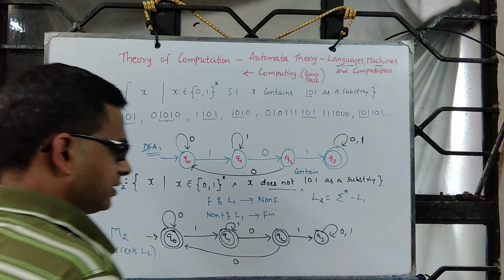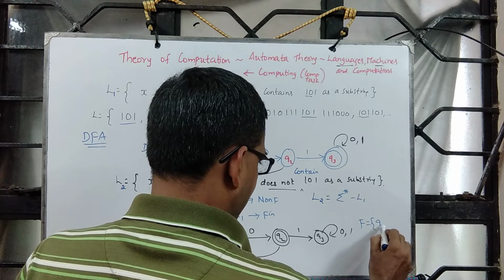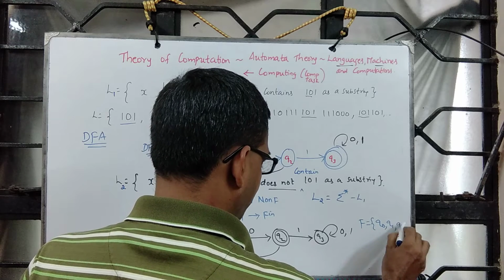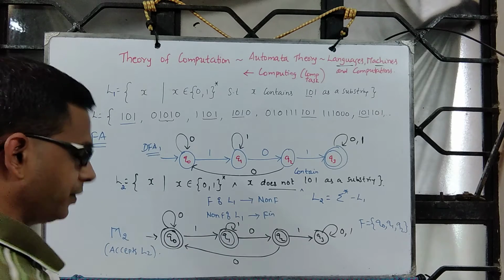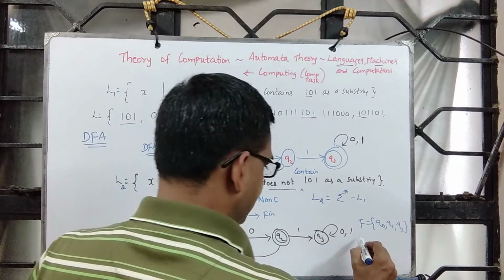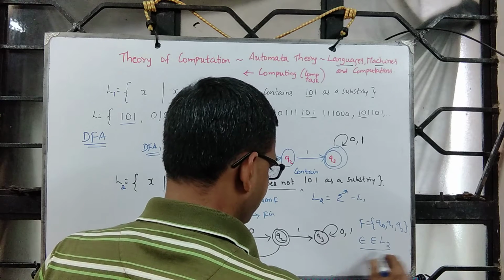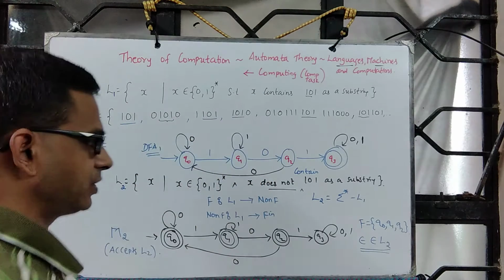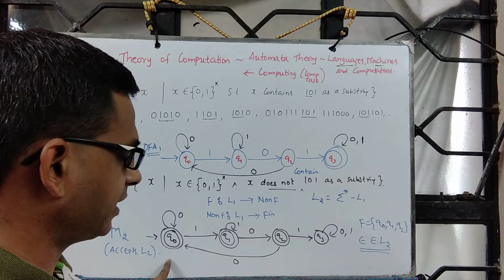So now for this automaton, what are our final states? They are Q0, Q1, Q2. Since the start state is also one of the final states, epsilon belongs to L2, which is correct because epsilon does not contain 101 as a substring, so it should be accepted by the automaton.